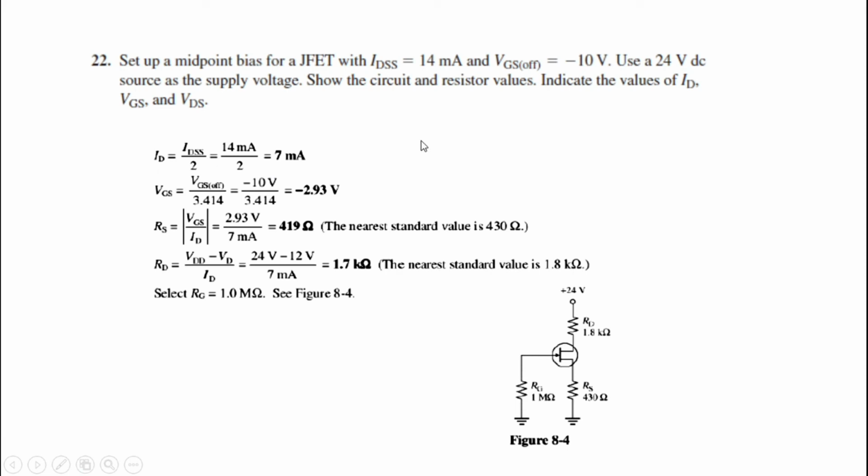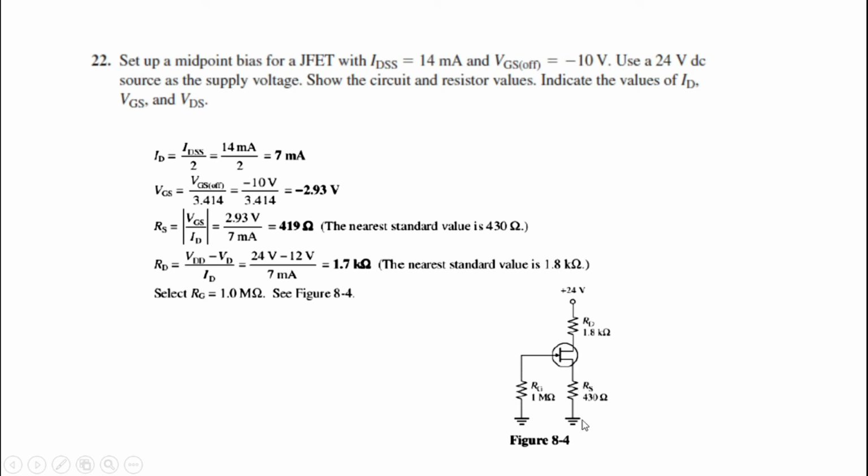To get your VGS at midpoint, you need to divide your VGS(off) by 3.414. So that is equal to -10 volt divided by 3.414. You'll be getting your midpoint VGS value as -2.93 volt. To calculate your RS value, what you need to do is divide the VGS by ID.